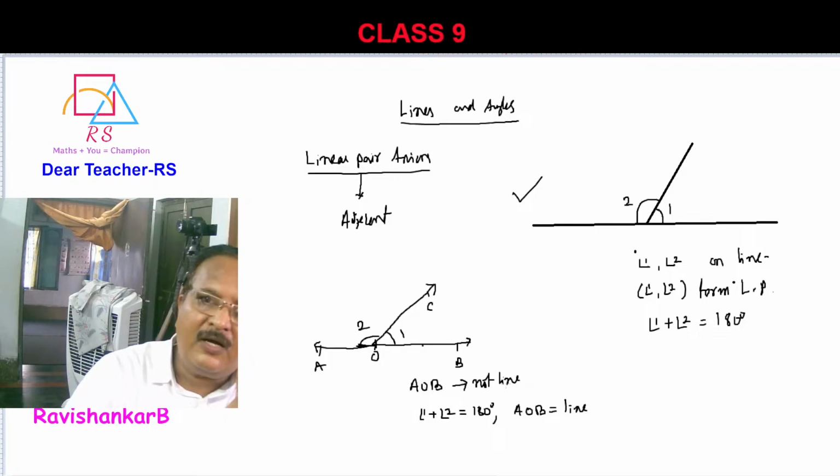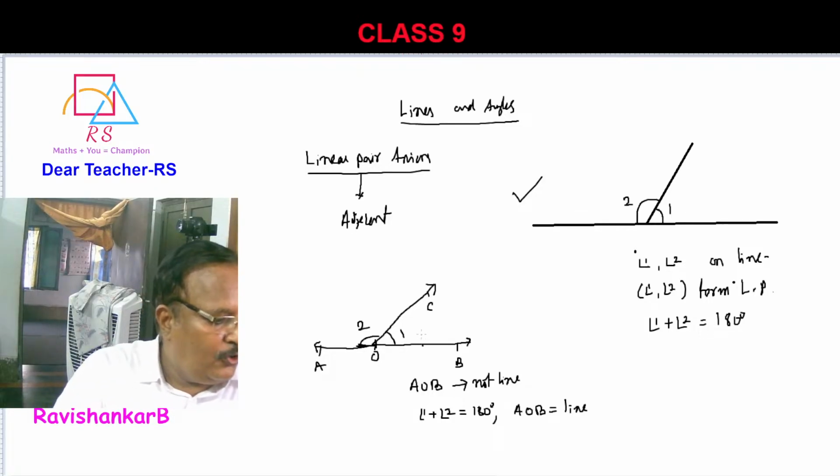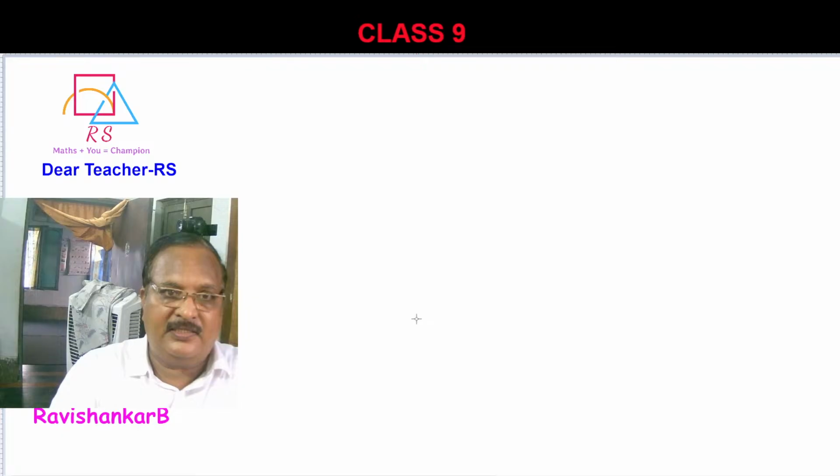That means the non-common arms form a line when angle 1 plus 2 is equal to 180 degrees. Here the line is given first, then the angles are 180 degrees. Here the angles are 180 degrees, then the non-common arms form a linear pair. I hope you have understood. Let me go to the next question.